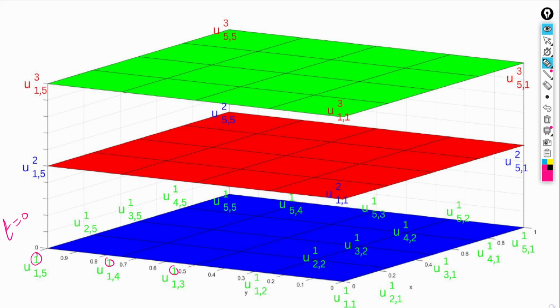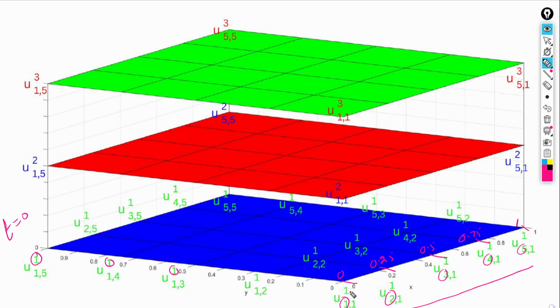Now on the x-axis we initially divide into a 5-point grid. Here x equals 0, then 0.25, 0.5, 0.75, and 1. We give the index for x as 1 for the first point, and then 2, 3, 4, and 5 for the next points.